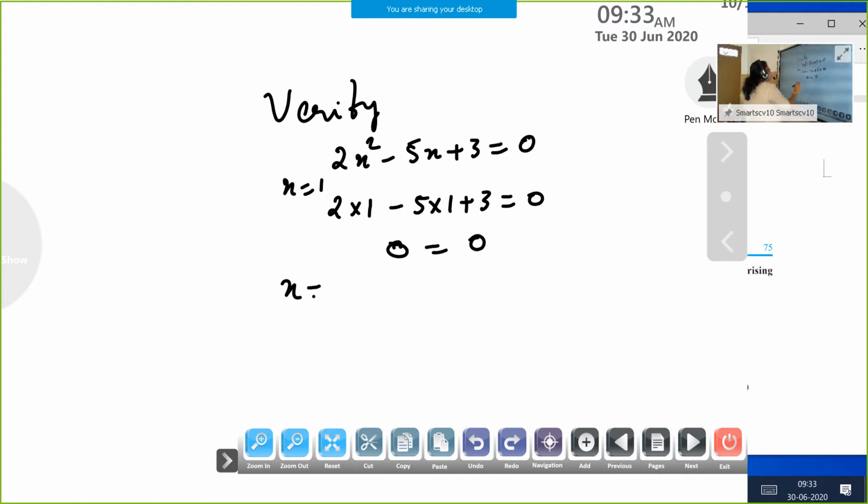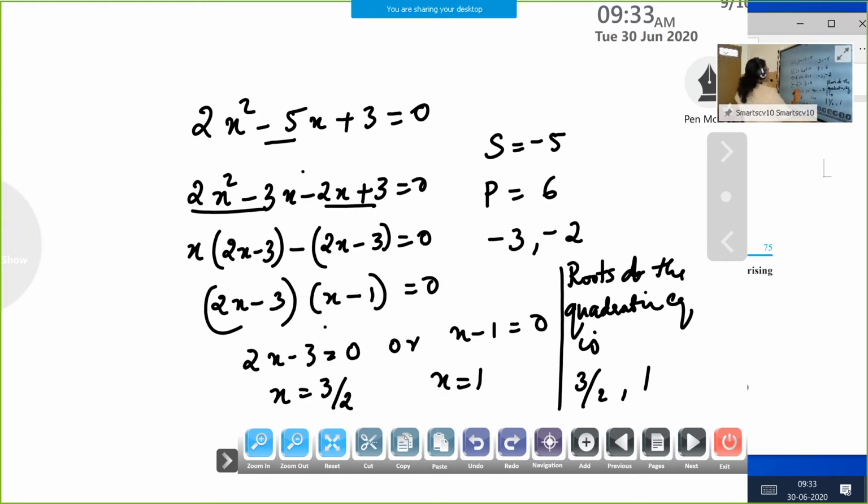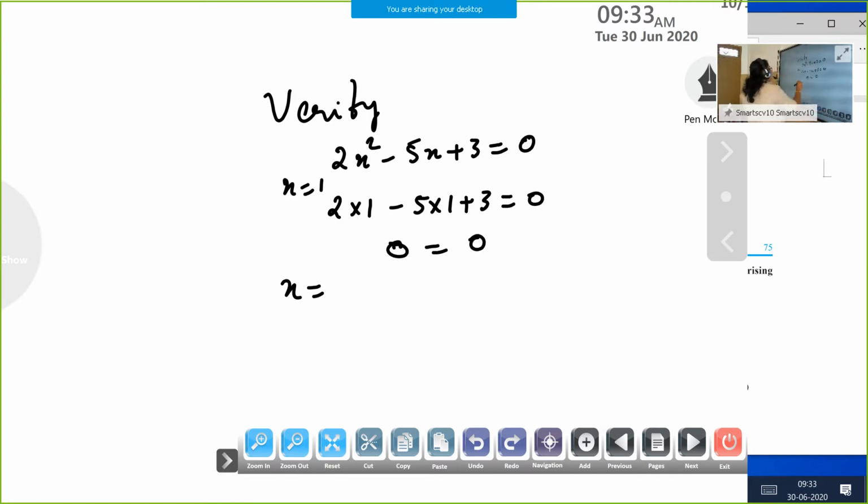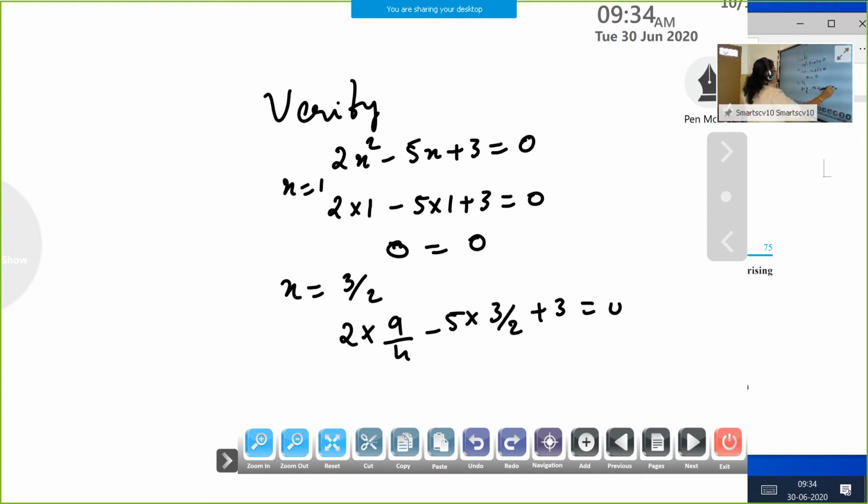Second, x = 3/2. Then 2 into 9/4 minus 5 into 3/2 plus 3 is equal to 0.